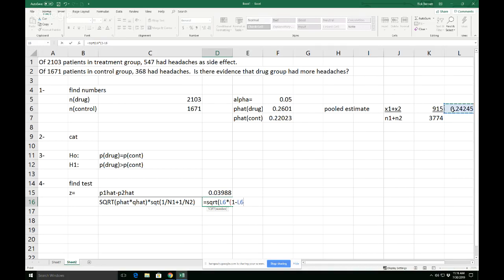I didn't figure out Q hat, but it's about 76%. You're definitely going to want to use parentheses for the square root of 1 divided by N1, my drug group, plus 1 divided by N2.